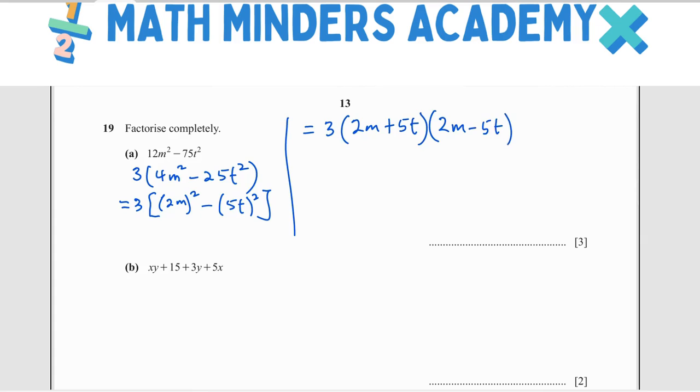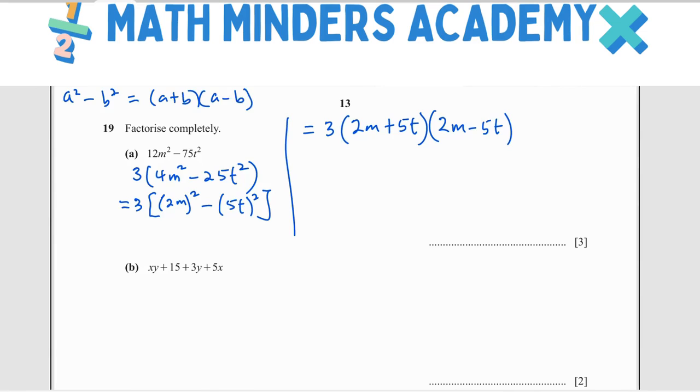Now, the principle we are using says that anytime we have a squared minus b squared, this is a difference of 2 squares. This is the principle. A squared minus b squared is going to give us a plus b, open bracket, a minus b.